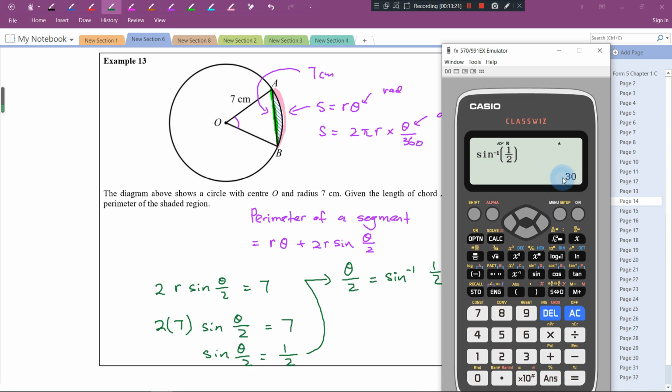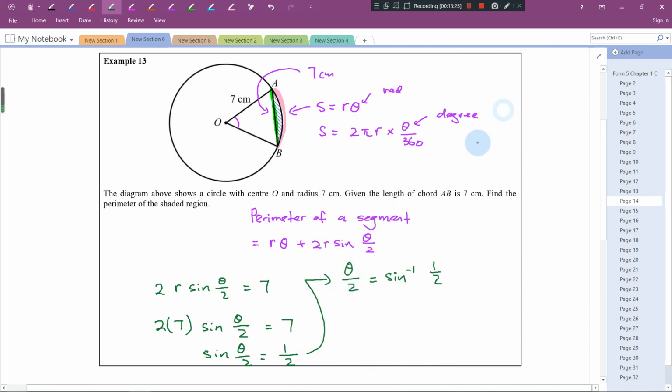Okay, this angle is in degree, not in radian. This is 30 degree. Theta over 2 is equal to 30 degree, so theta will be equal to 30 times 2, which is 60 degree. Now we know that this angle is 60 degree.